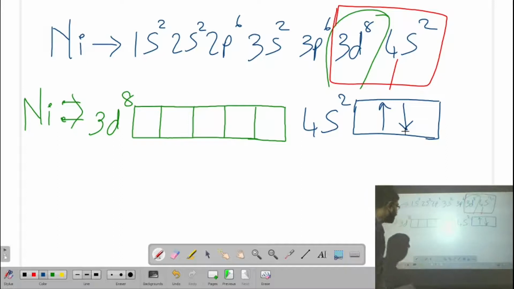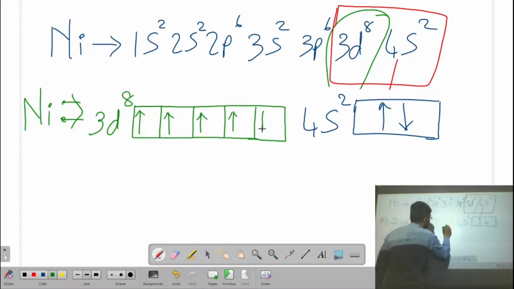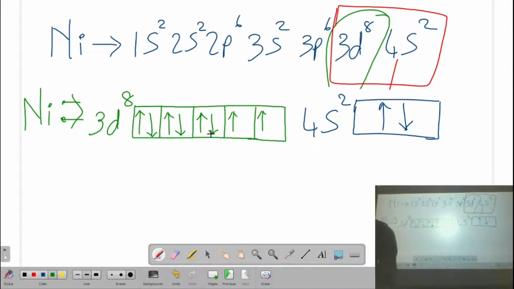In the d orbital it will have one electron each, let us say 1, 2, 3, 4, 5, then it will start pairing: 6, 7, 8. So 8 electrons are filled.